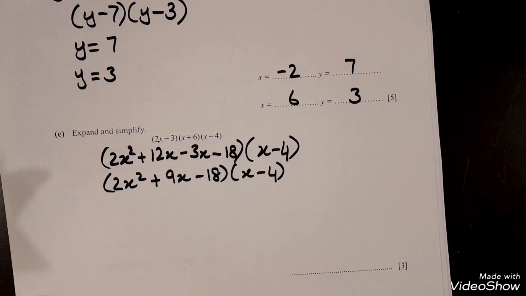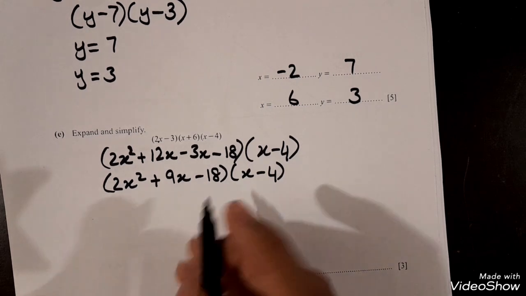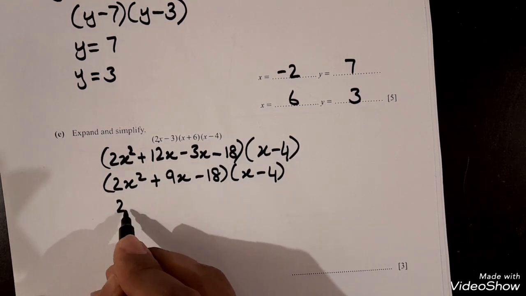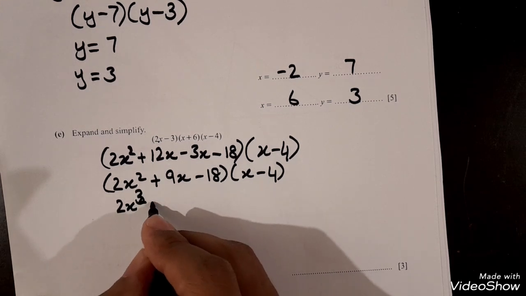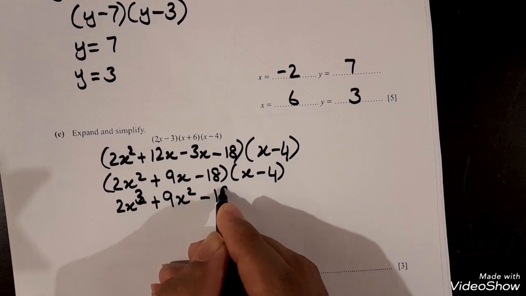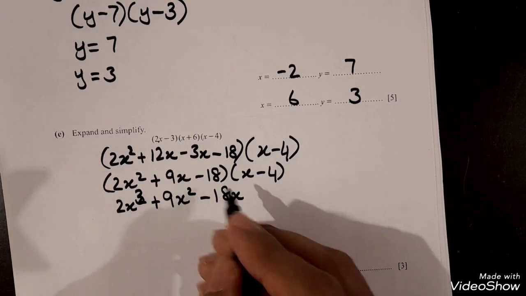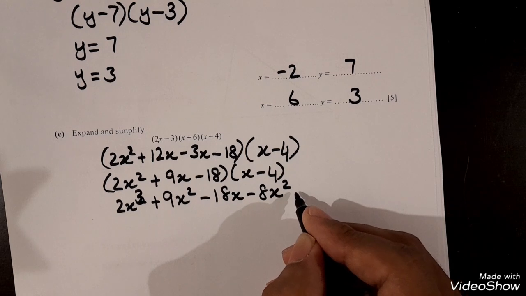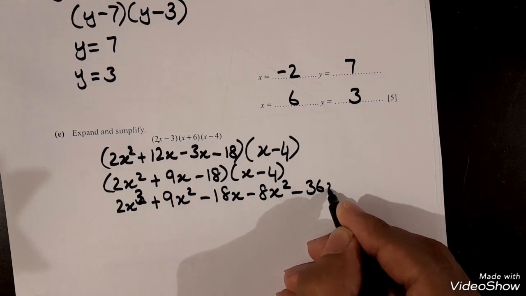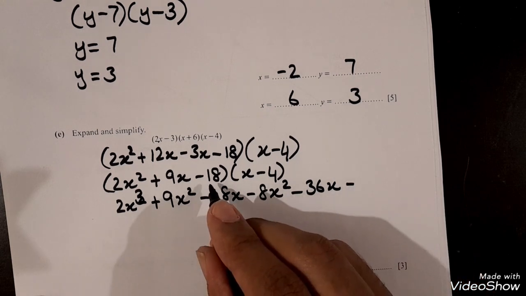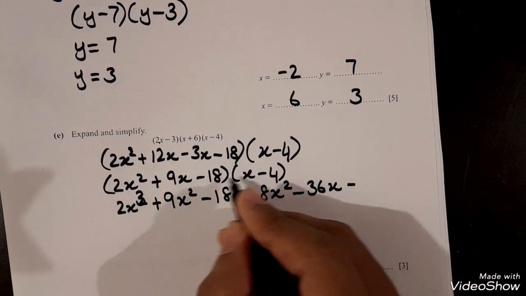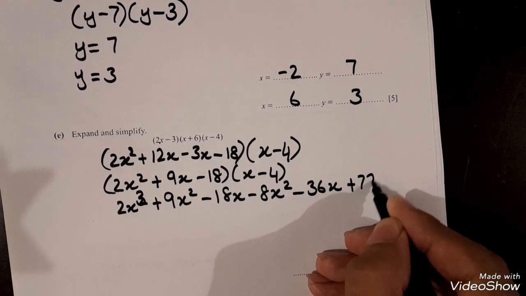Now what we will do is multiply x by 2x and x by 9x, which will be 2x cubed plus 9x squared minus 18x, then minus 4 times 2x, which will be minus 8x squared, then minus 4 times 9x will be minus 36x, and then minus 18 times minus 4, which is 72, but these both are minus, so it will be plus 72.